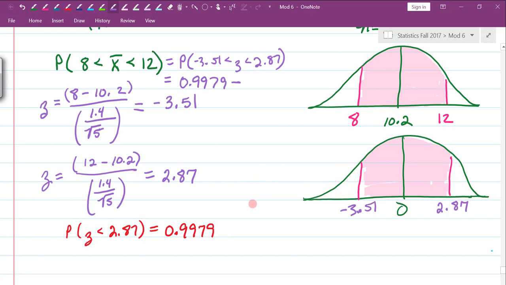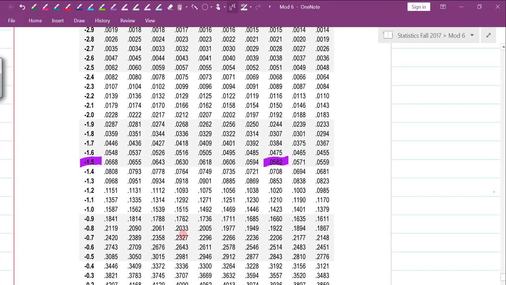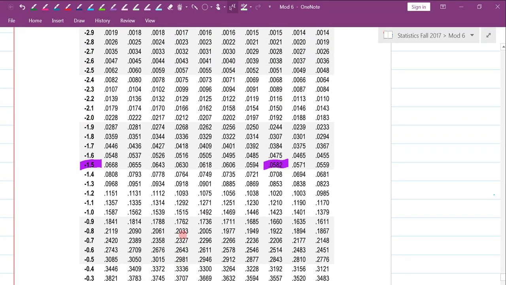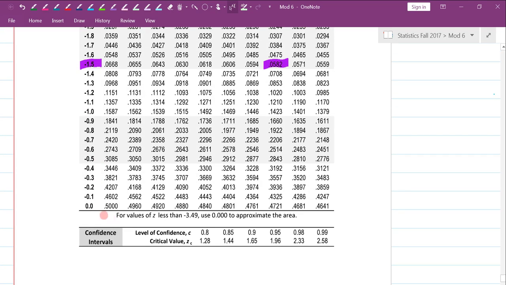So the next thing I need to know is, what is the probability that z is less than negative 3.51? Okay, so let's scroll over and look at negative 3.51. We don't actually have a negative 3.5. I think on here it tells you how to deal with that. Yes, it says for values less than 3.49, use 0.